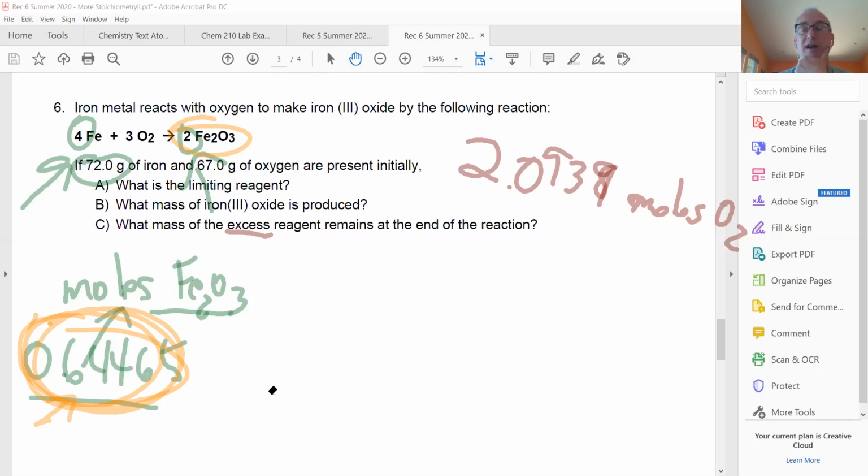How many grams of product did we make? What mass of iron oxide is produced? We didn't answer that question with a number, but if we had that number, we could. It's 0.64465 moles, so just look up the molar mass of Fe2O3. You can just Google it. That's actually much easier.